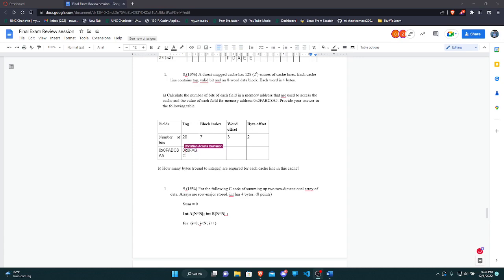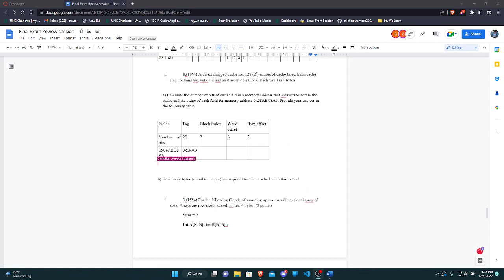Remember that each hexadecimal digit is 4 bits, so we'll need 5 hexadecimal digits in the tag. That's 4, 8, 12, 16, and 20. So 20 bits, and that works beautifully in our favor. However, these next few bits are where it gets gross. For the block index, we'll need to allocate 7 bits. And so that's going to be 8A.